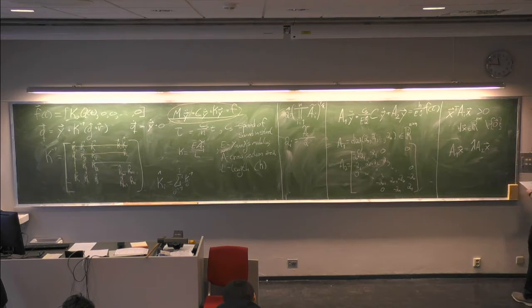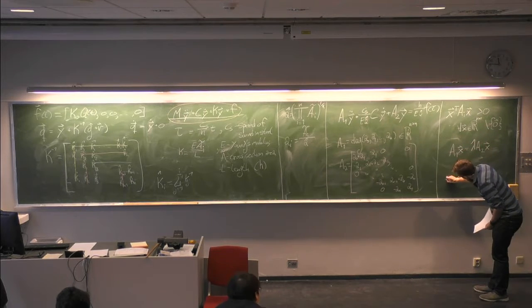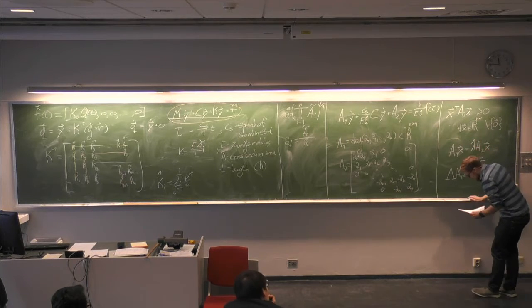So with this, we can actually rewrite the equation such that we have this big lambda transposed A1 big lambda equals the identity matrix.